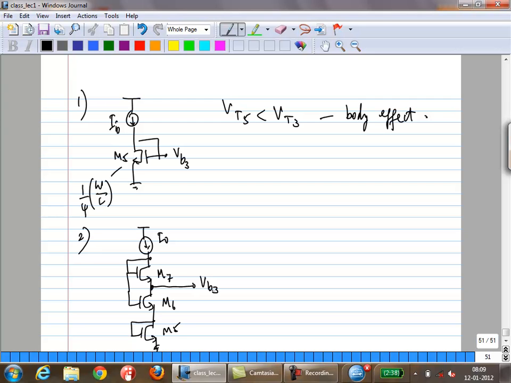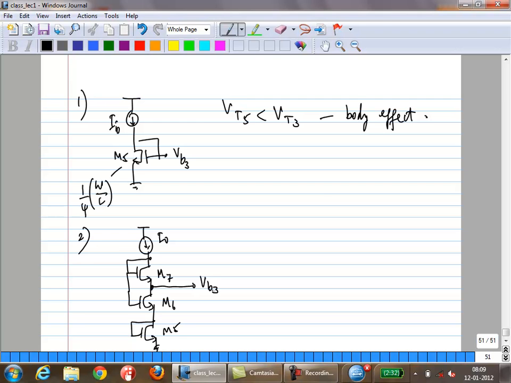Now in this way of biasing, you're going to make sure the W over L of M7 is going to be very, very large.